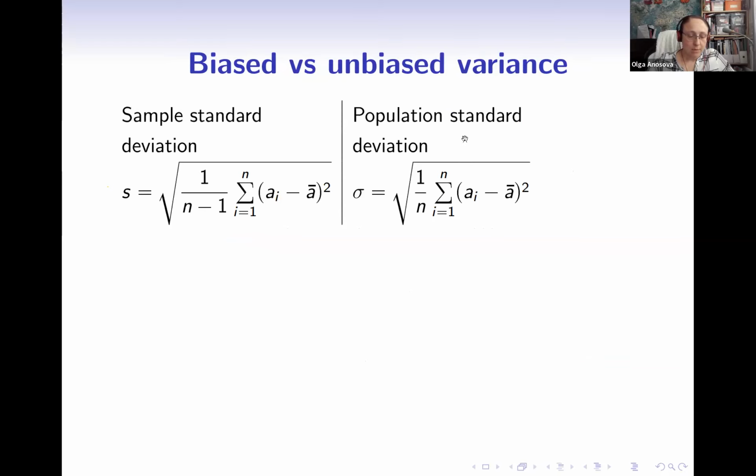If we were able to measure absolutely everything in the population, then the formula would be like we assumed it to be: the pure and simple arithmetic average of squared deviations. But we are dealing with a sample because we are dealing with big data, and our sample is always smaller than the whole population, which means that we need to divide by n minus 1 to reduce bias.